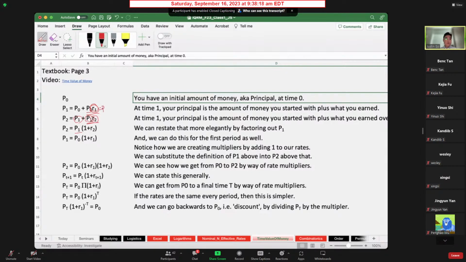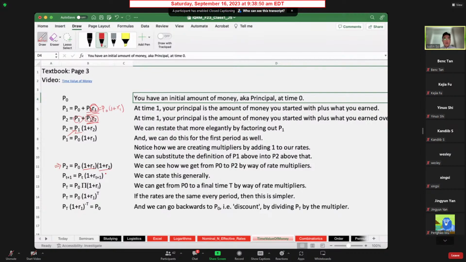If you group, this is P0 times 1 plus R1. Because P1 is this, right? You plug this one into this. That brings here P2, starting from P0 times 1 plus R1, the interest rate from the first period, and times 1 plus R2, the interest from the second period.